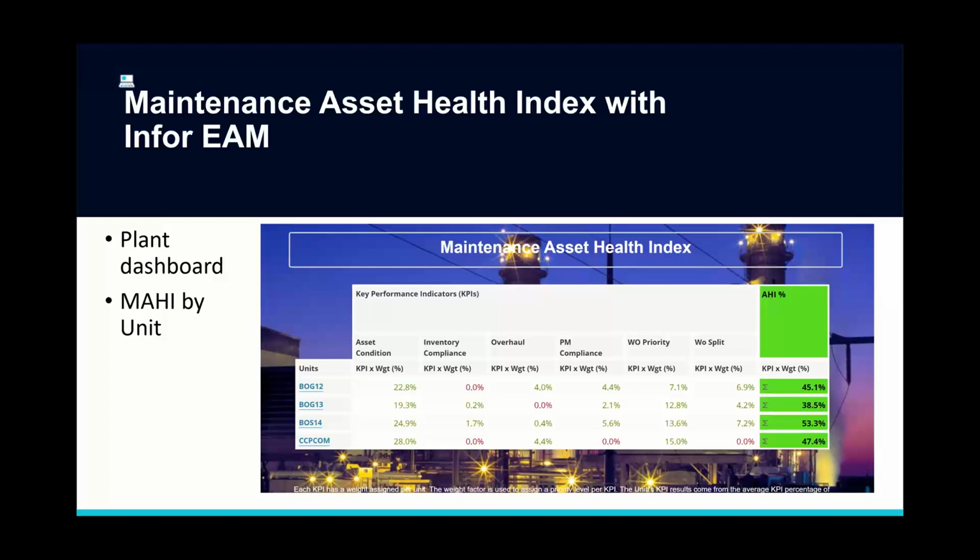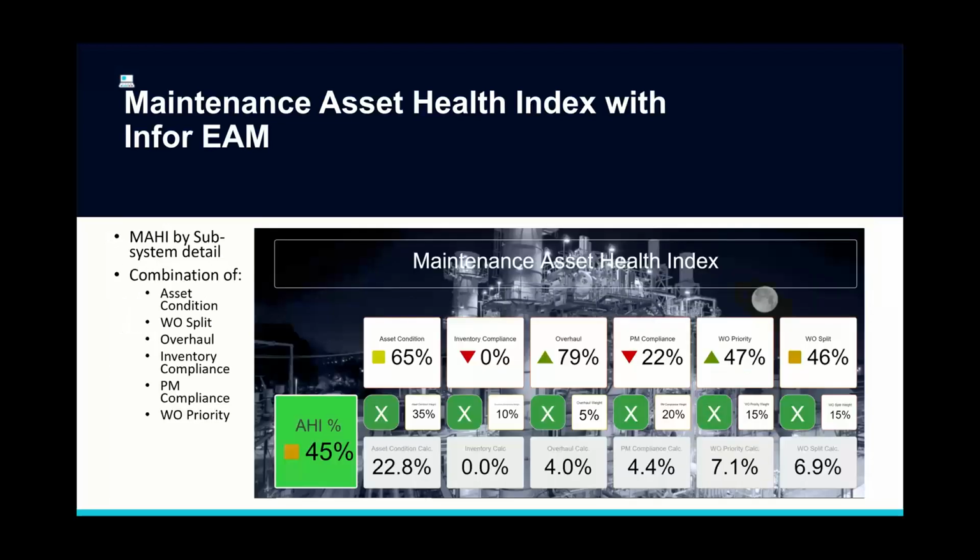Then it shows you how these different factors add up for each one of these units. At a unit level, you can look at the individual components of the asset health index: the asset condition, inventory compliance, overhaul, PM compliance, work order priority, and work order split.